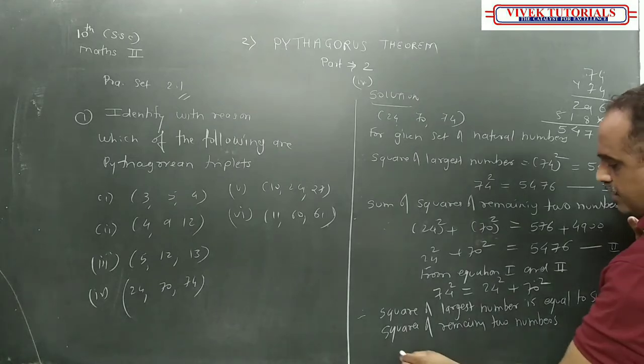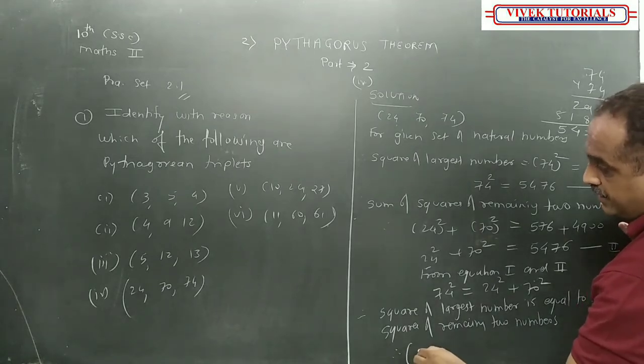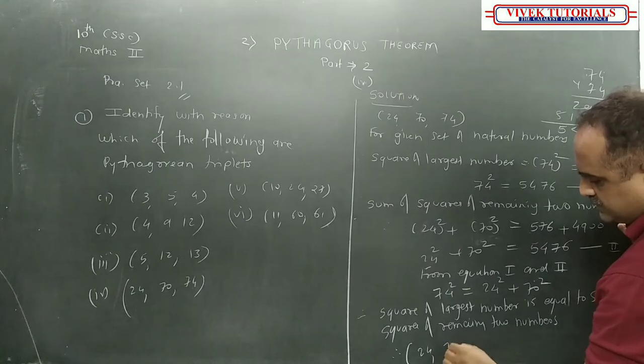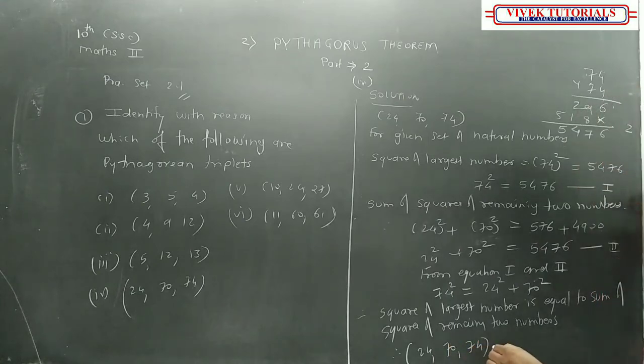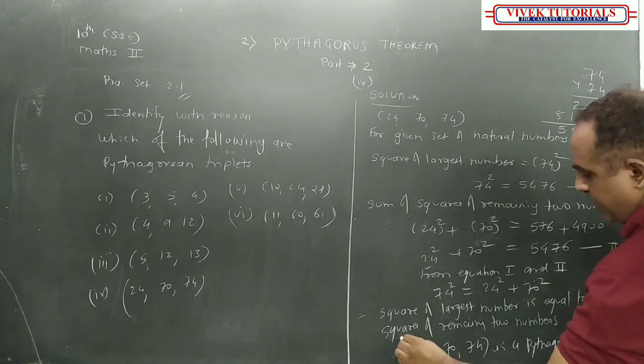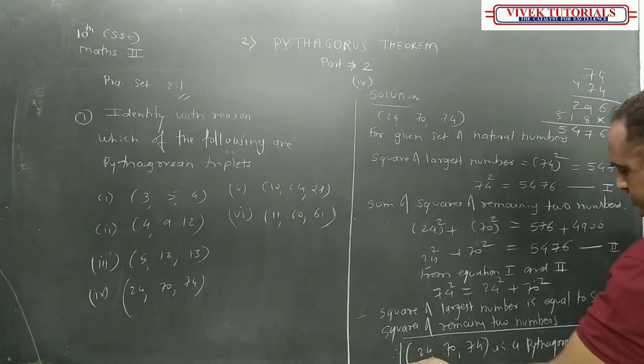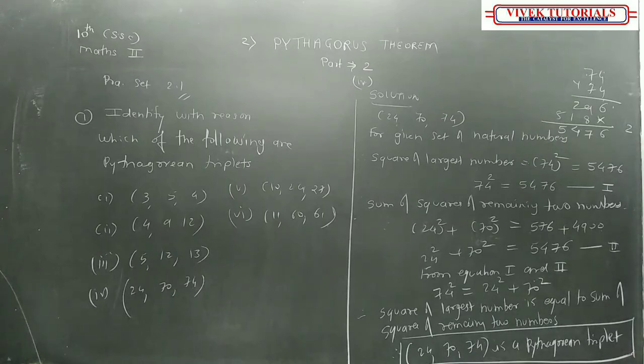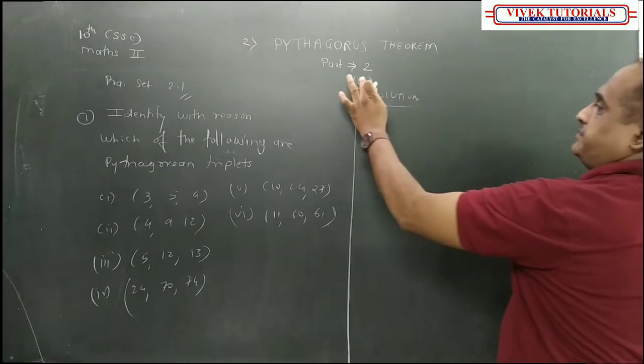Therefore, 24, 70 and 74 is a Pythagorean triplet. This we are going to put in a box. Okay, copy it down by putting the therefore sign properly. Now, fifth question.